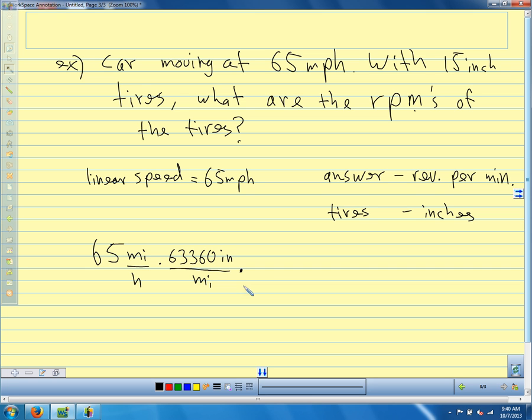We need a per minute, so we need minutes in our denominator. 1 hour per 60 minutes. So this is going to be our conversion from 65 miles an hour to inches per minute. So when I multiply that all out, we finally get 68,640 inches per minute. That's how fast we're traveling in inches per minute when we're traveling 65 miles an hour.